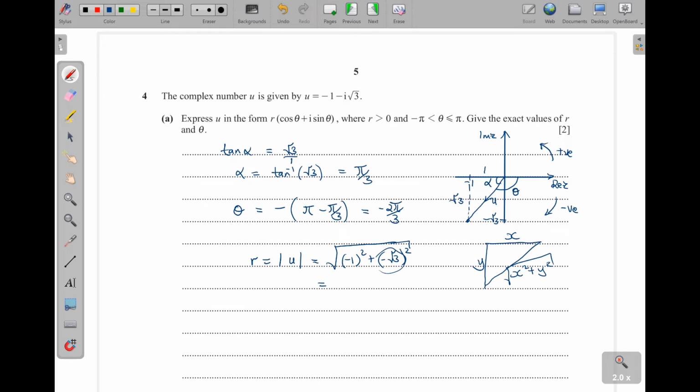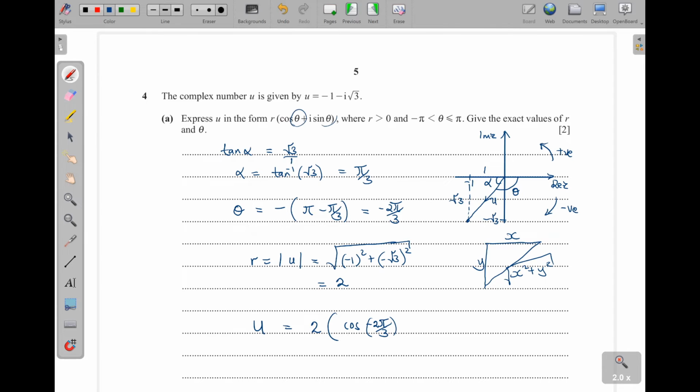When I square this one here, it will give me a 3, then plus the 1 that comes from here, that will be a 4, then √4 gives me a 2. So u is going to be equal to, our r is 2, then inside here we shall put cosine of -2 pi over 3.